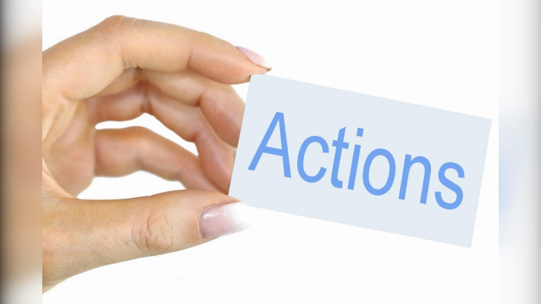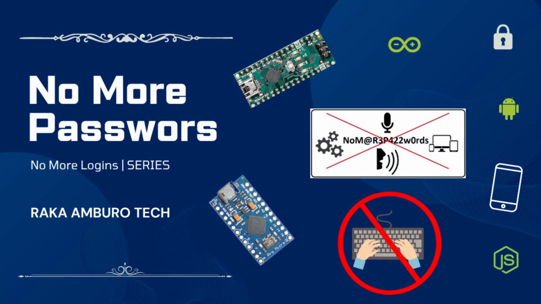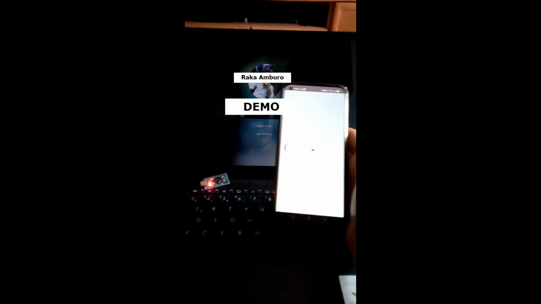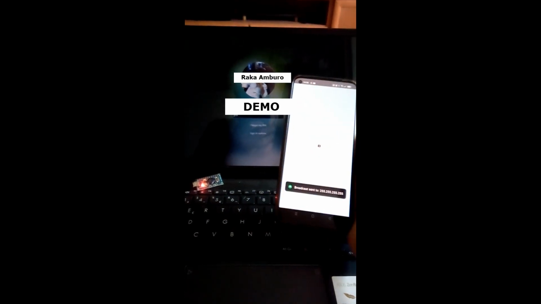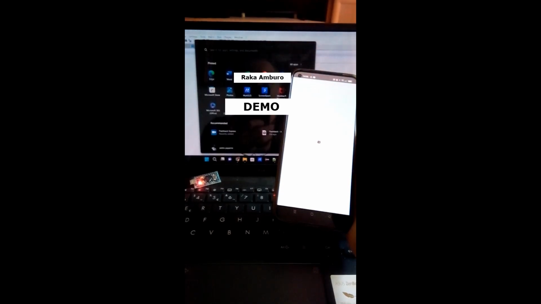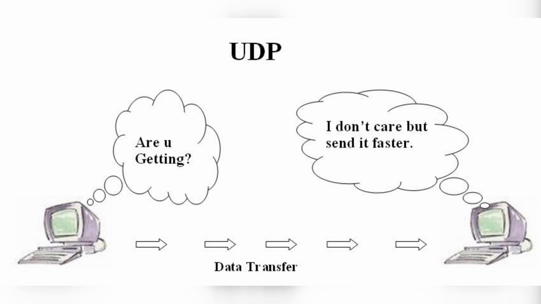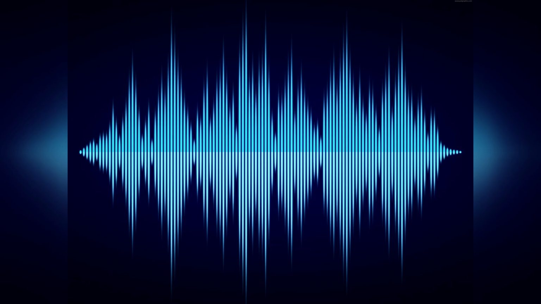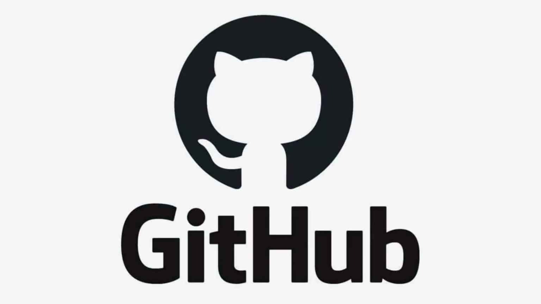Now to do that, we will be following the path of this tutorial with the No More Login series of this channel, and take benefit of the Android code we wrote to send UDP signals to our local network. So basically we will be sending UDP signals to unlock our computer once a correct voice instruction is received. You will find this updated code in the Git URL in the description.